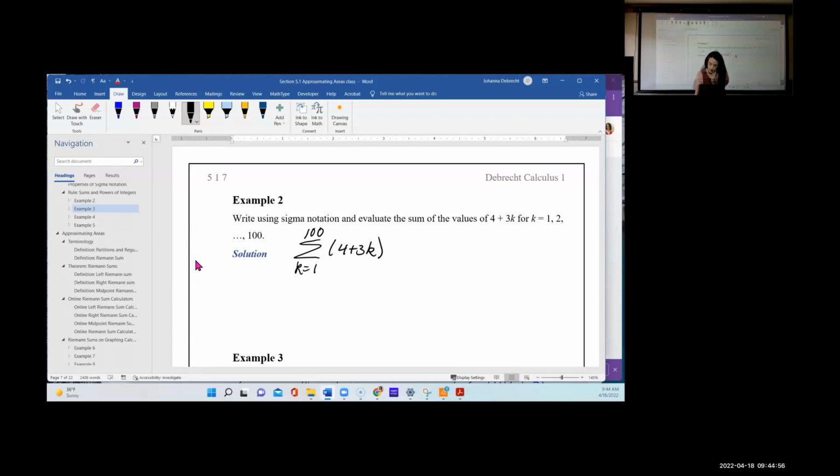Okay. Now the first thing that we see is we've got this summation right there, which means we can split it into the sum of each individual term. So we can split this into the sum from k equal 1 to 100 of 4 plus the sum from k equal 1 to 100 of 3k. Now, is there another way that we could split up one or both of these terms?